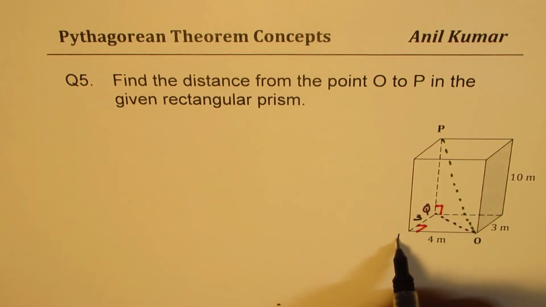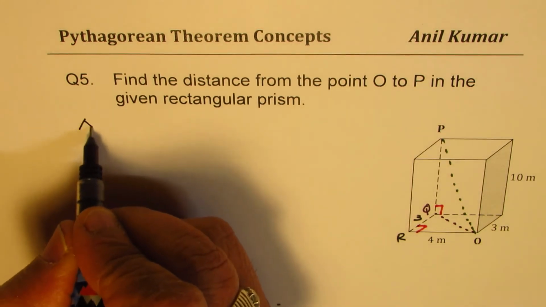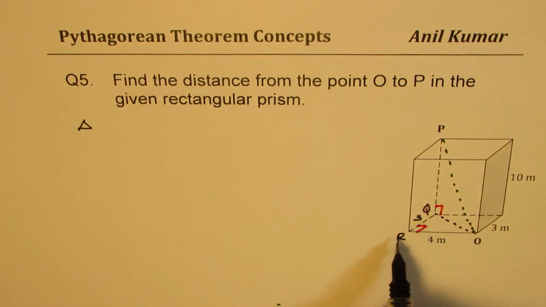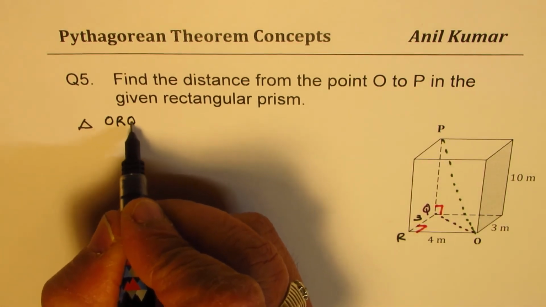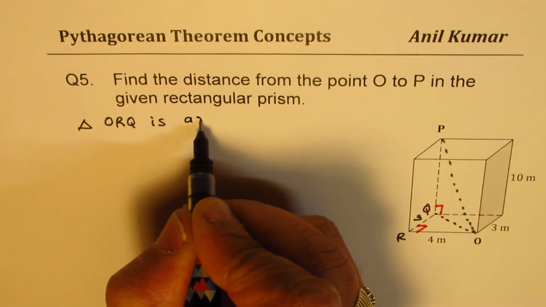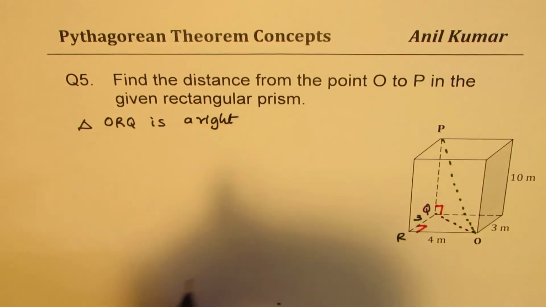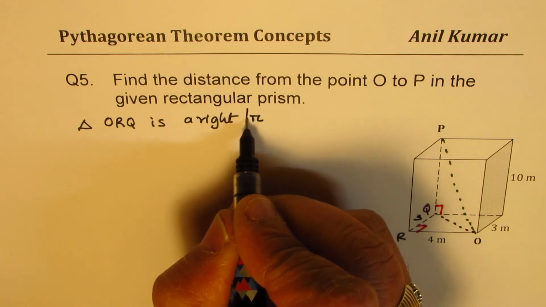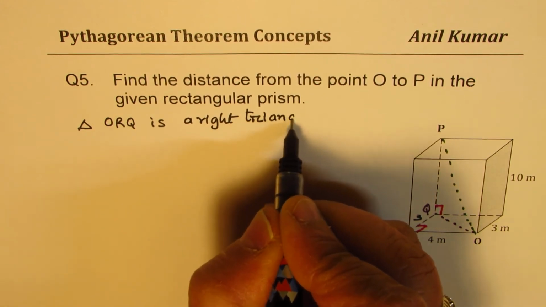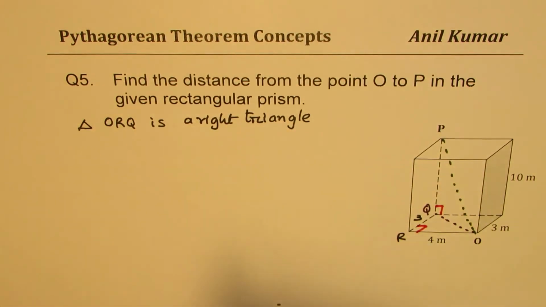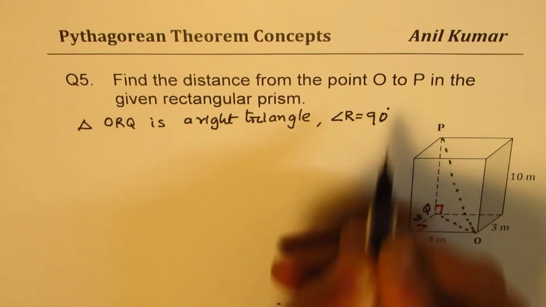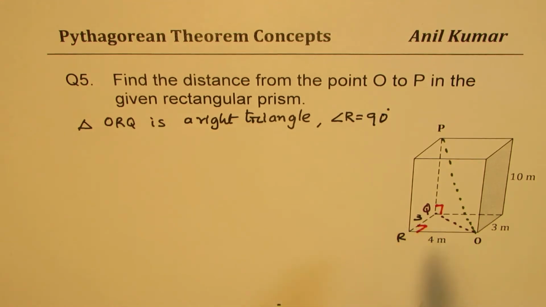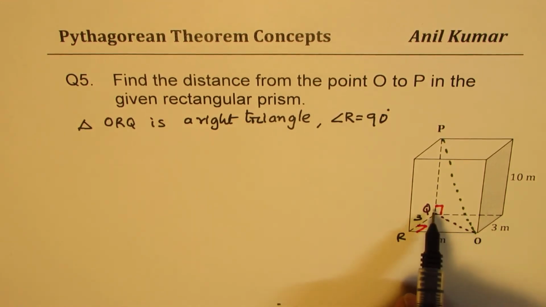So let's call this R. So we know that the triangle OQR, or we can write ORQ, is a right triangle, since we have angle R equal to 90 degrees, right? So we can apply Pythagorean theorem to find O to Q.